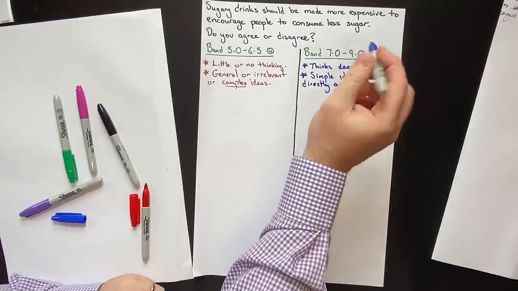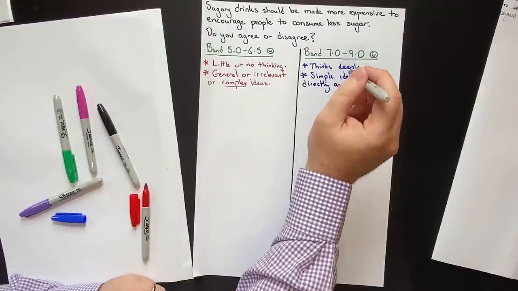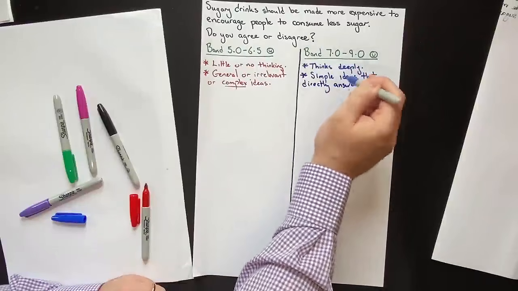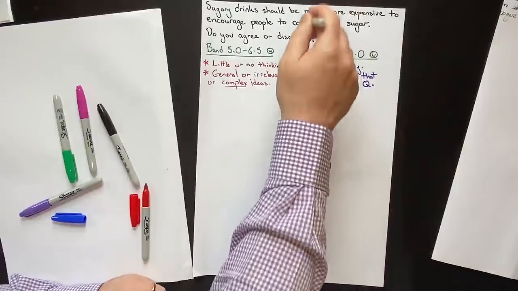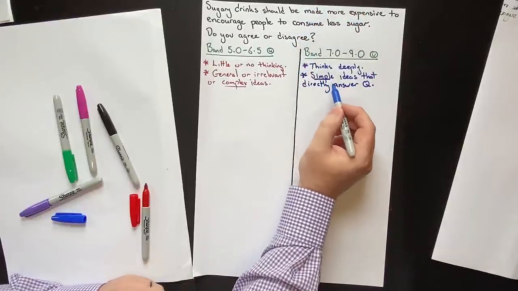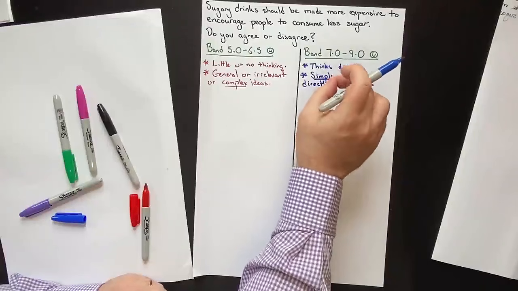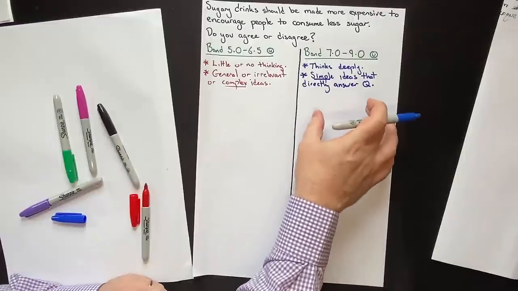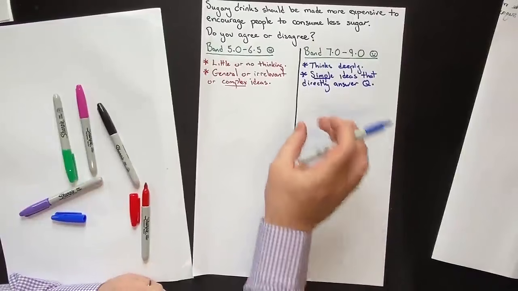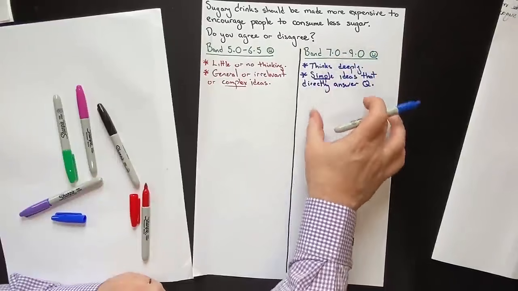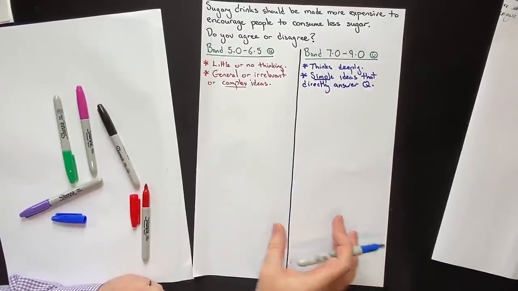These ideas are easy to think of, they are relevant, they are quick to think of, and they directly do what you're supposed to do, which is answer the question. Again, starting off with this seed, if your seed is simple and easy to understand, then you will understand it, you will be able to write clearly about it, and the examiner will be able to understand your idea and understand the rest of your essay.